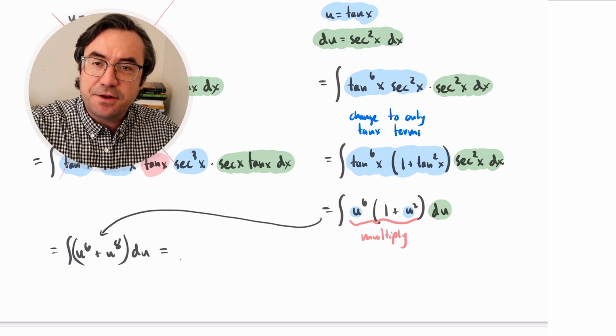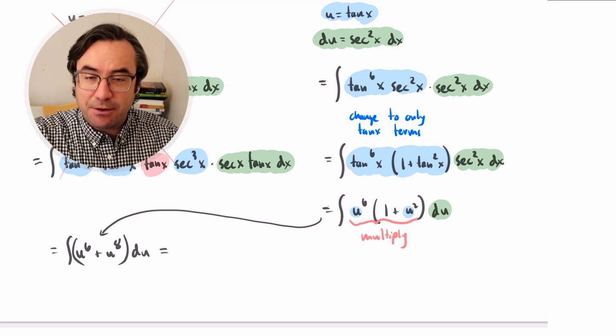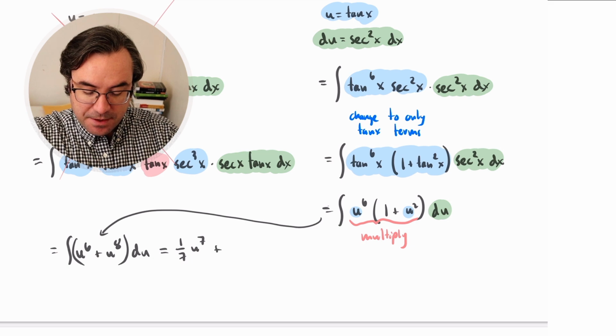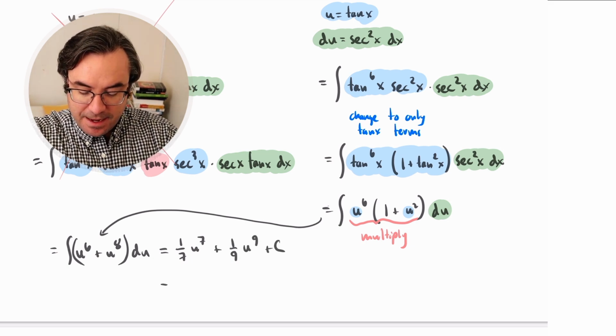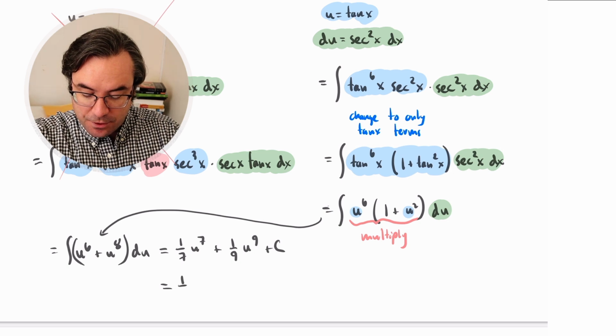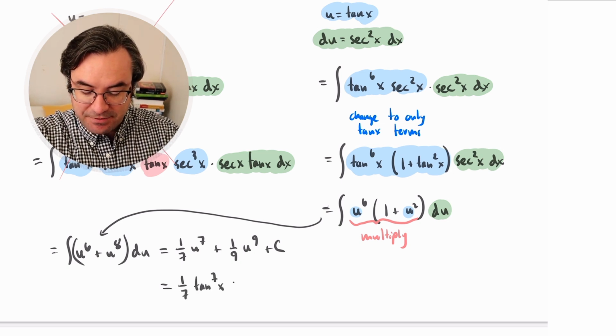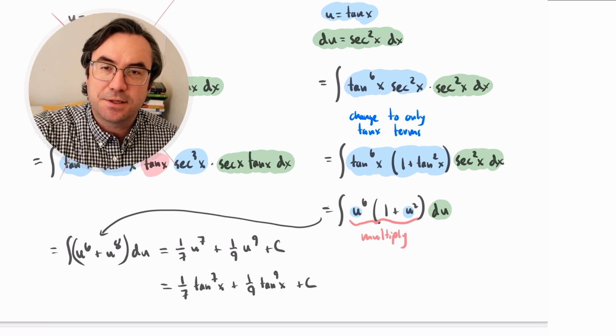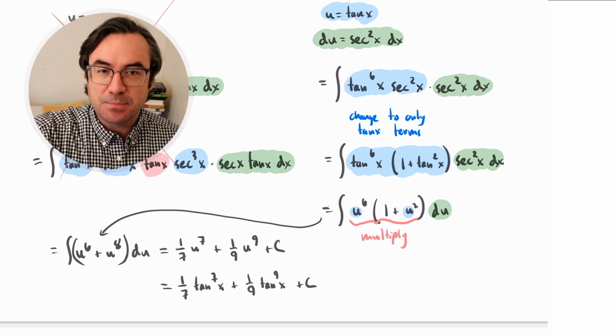Get the antiderivative. So now we can just do some power rules. So we get 1 over 7 u to the power 7 plus 1 over 9 u to the power 9 plus c. And then finally, we convert back. So we end up with 1 over 7 tangent raised to the power 7 plus 1 over 9 tangent x raised to the power 9 plus our c term.